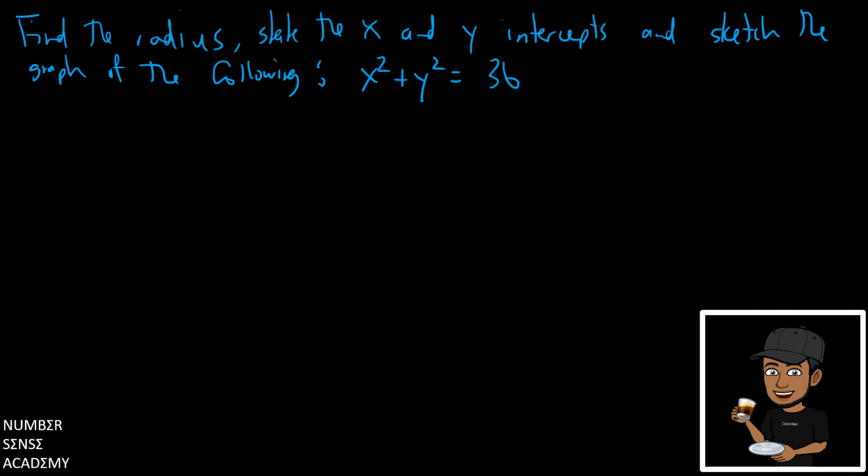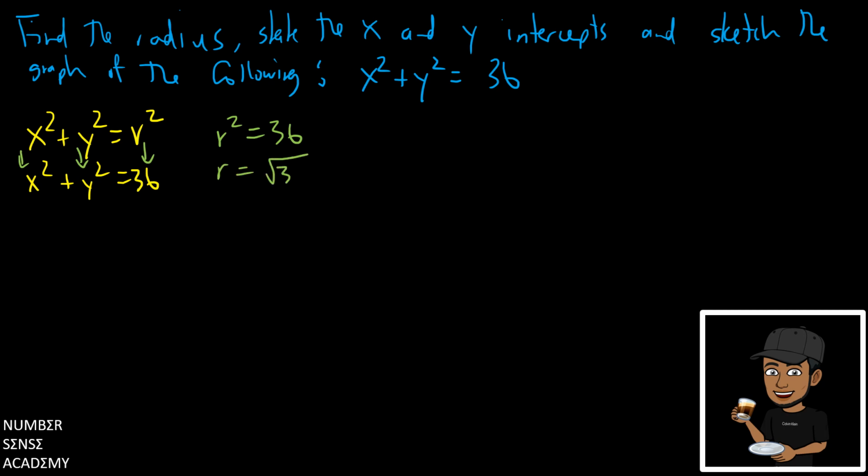So we're going to find a radius. The first thing we're going to look at, we know that x squared plus y squared equals r squared. And if I look at the equation given, I have x squared plus y squared equals 36. So if I match these up, x squared is x squared, y squared is y squared, that means r squared is 36. I solve by finding r is equal to the square root of 36.